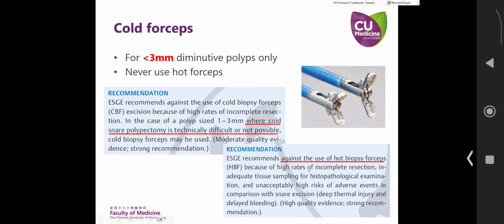And in fact, hot forceps polypectomy is now recommended against. I think nowadays we should move away from the use of hot polypectomy because of the risk of incomplete resection and also the risk of delayed bleeding. So forceps polypectomy nowadays should be the last resort for those really small polyps.